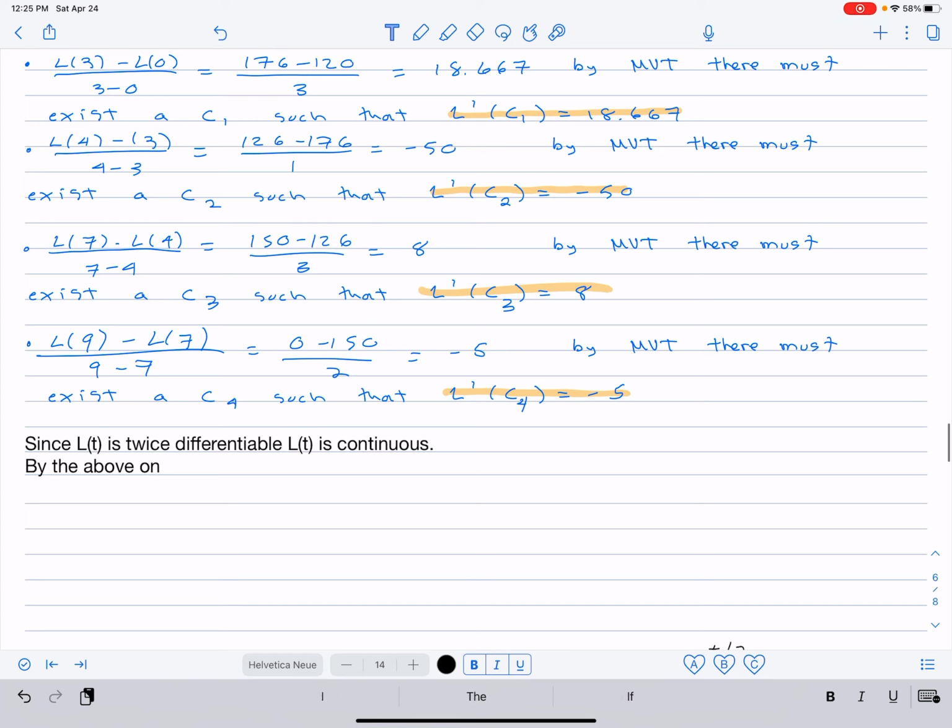So on 0 to 3, L prime of C1, right? Actually, let me just write this in my hand.